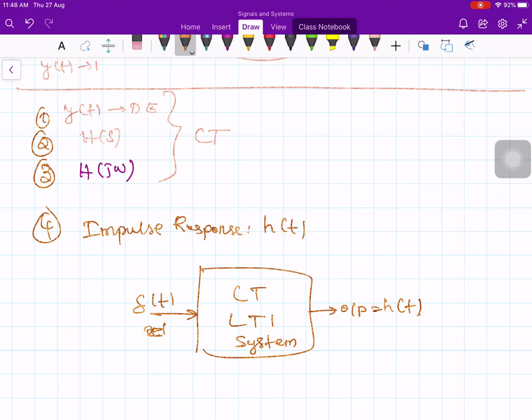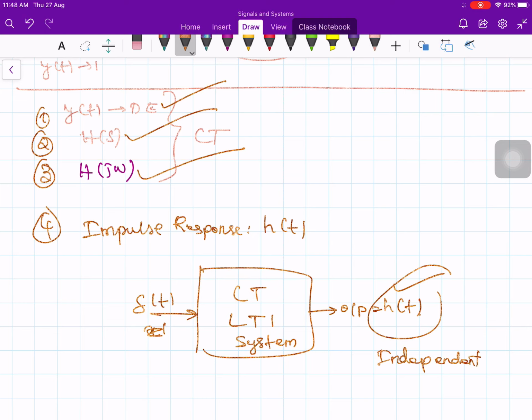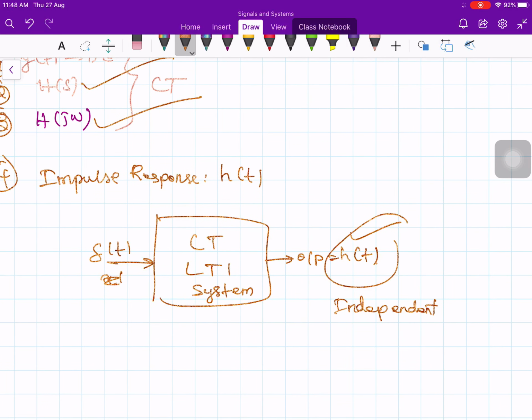This is an independent way of characterizing a system. Either you can characterize through differential equations or system function or frequency response or h of t. This is a completely independent way of describing an LTI system.